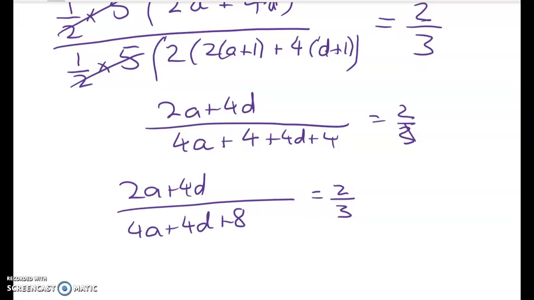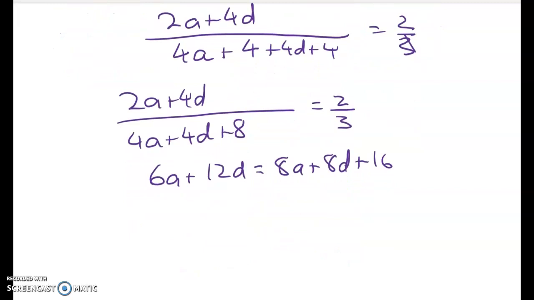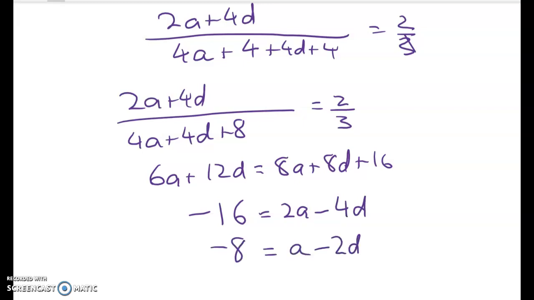Now we've got 6a plus 12d is equal to 8a plus 8d plus 16, and I could divide everything through by 2, but I'm not going to. I'm just going to see what I've got. I've got negative 16 as the constant is equal to 2a minus 4d. But now I am going to divide through by 2. Okay, negative 8 is equal to a minus 2d. So that's my second equation.